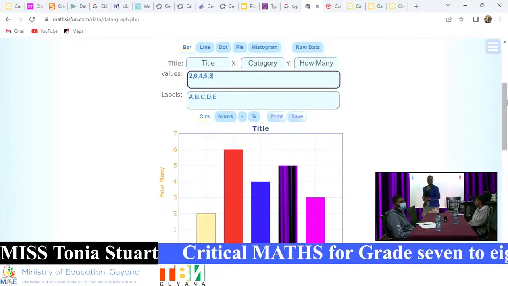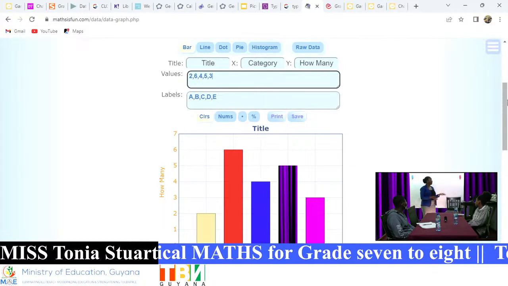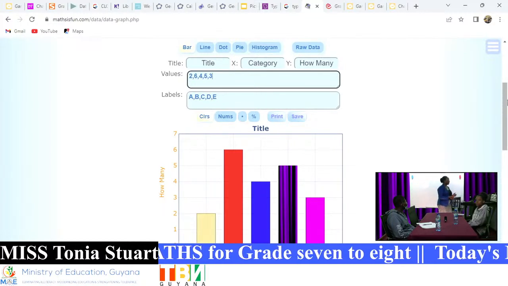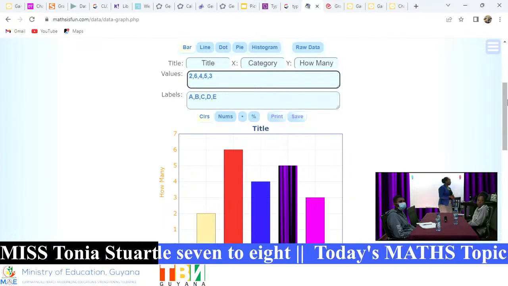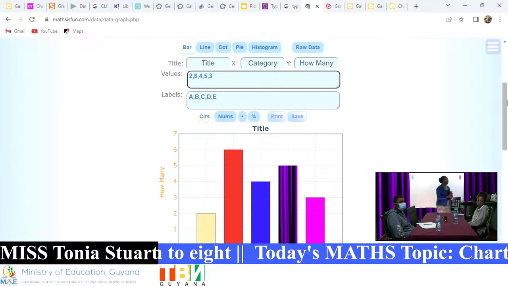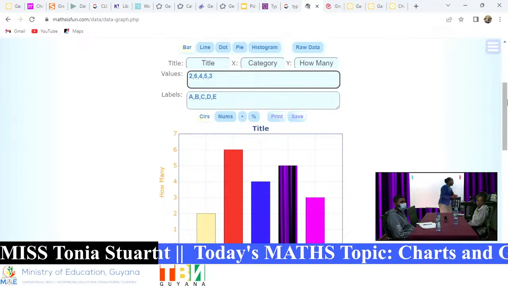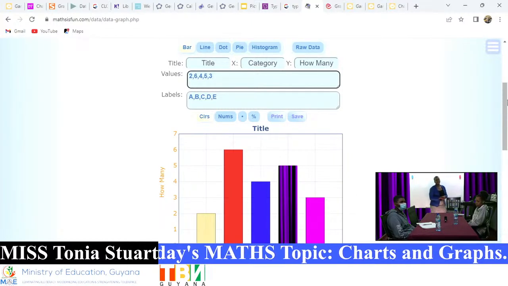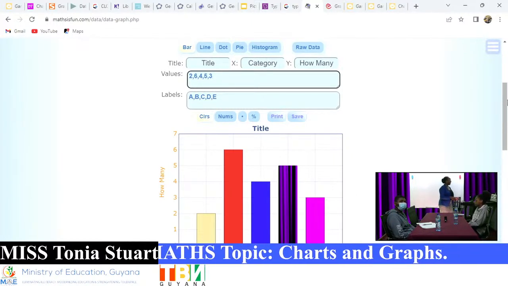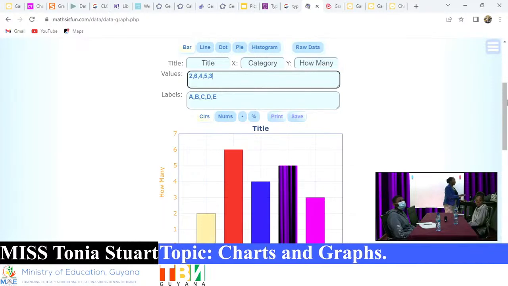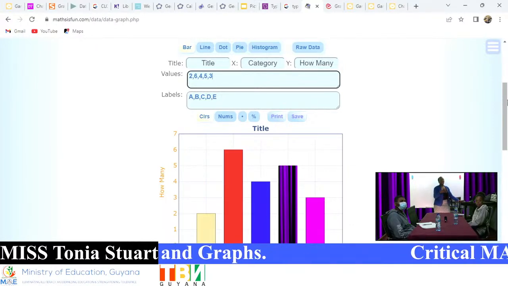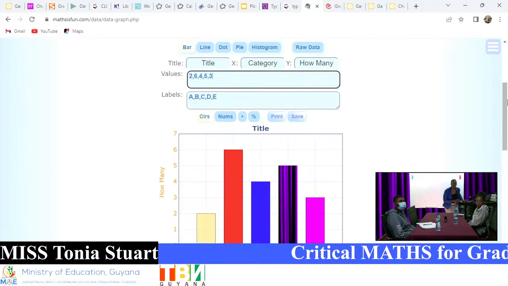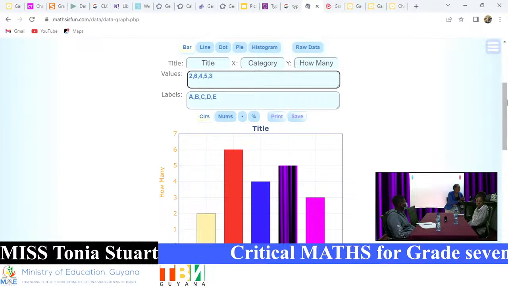It can be colors, if we represent it by the colors there, where A, we have the yellow, B, red, C, blue, D, green, and E, pink, something like that, right? And how many yellows we have, how many blues, red, greens, or pink, right? So what we would have done is just create a graph to give you this information.